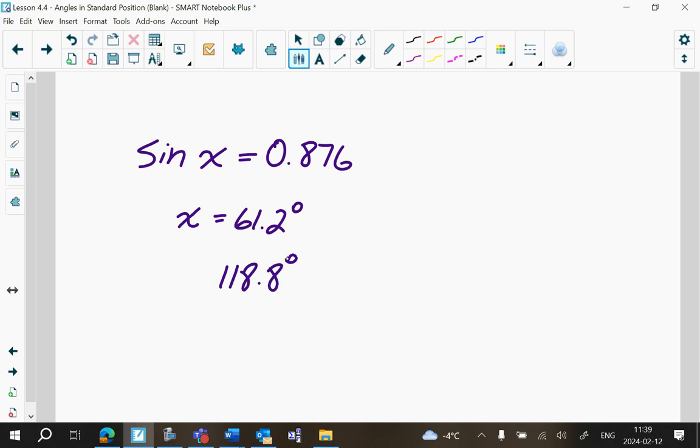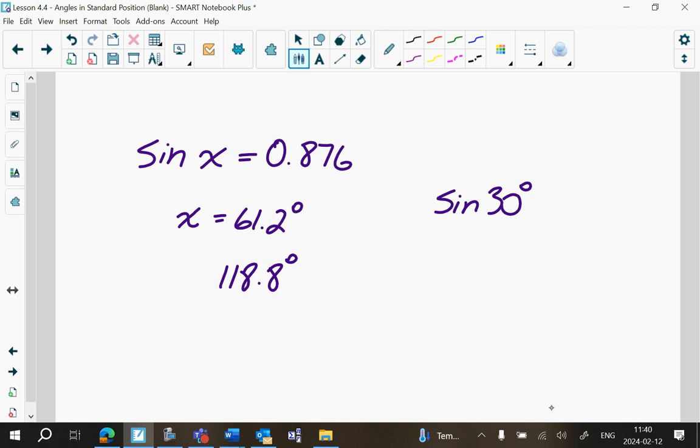So that means sometimes when you try to solve trig equations, there's more than one answer. We always just did the one answer that was between 0 and 90 degrees. That's another thing we're going to talk about in the next several lessons. And finally, something we're going to talk about is: don't use a calculator.